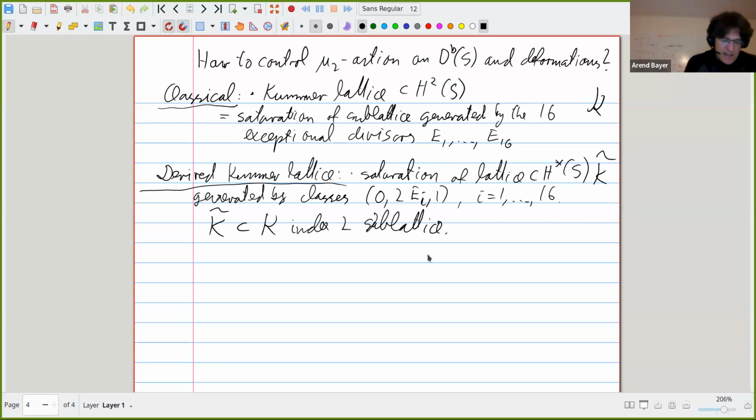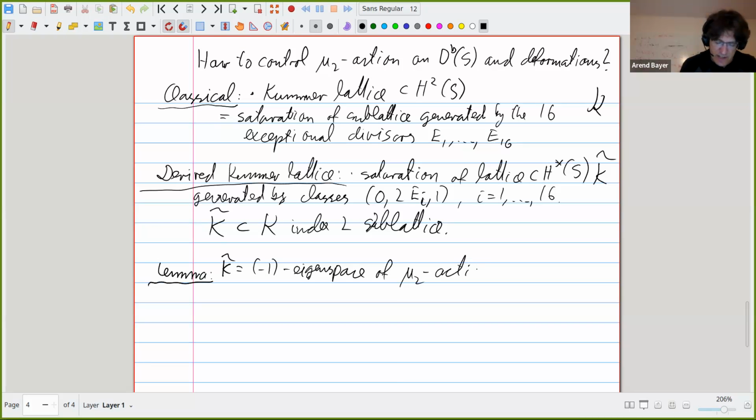And the lemma that starts answering your question is the following, namely that K twiddle is the -1 eigenspace of the mu2 action.